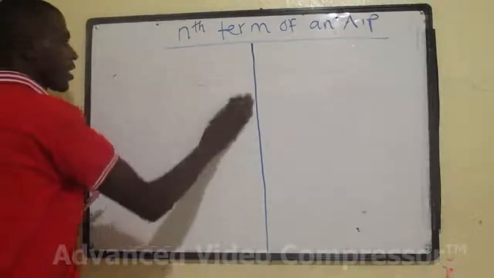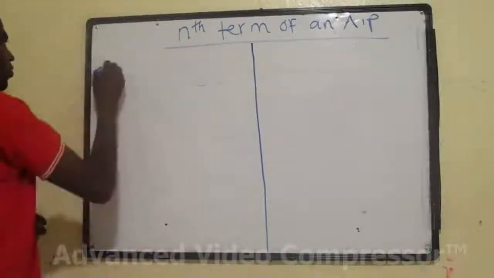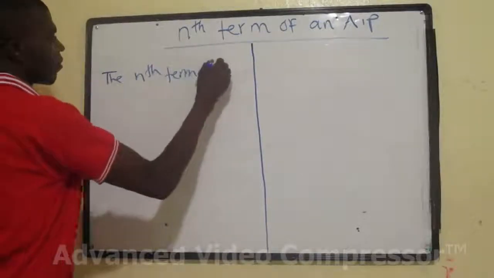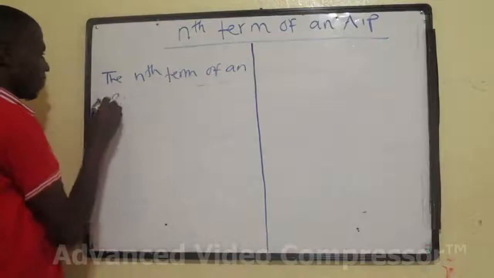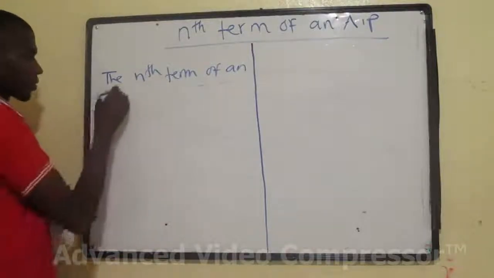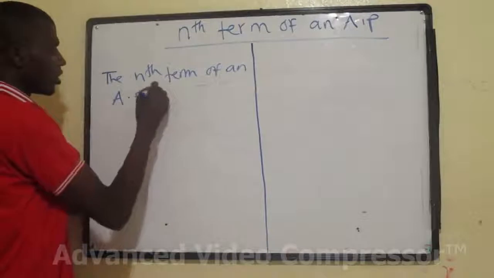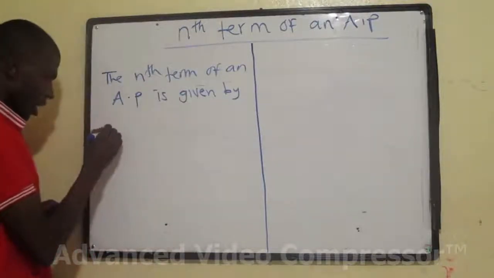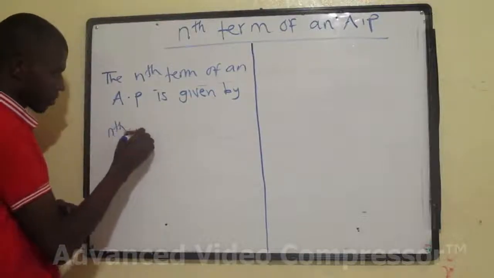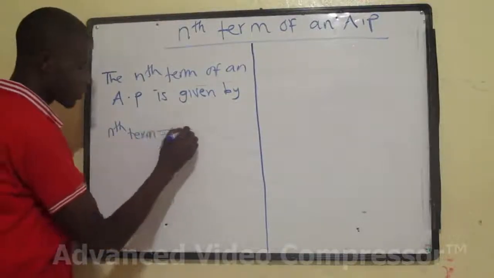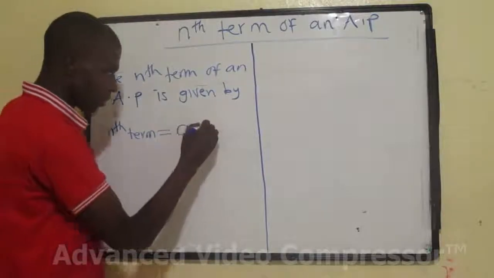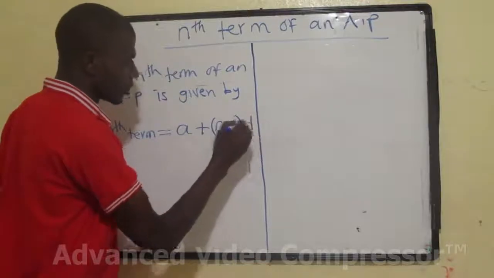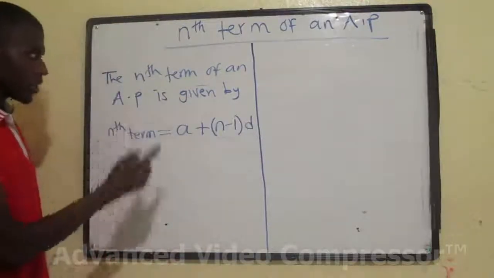The nth term of an arithmetic progression, an AP, is given by: nth term equals A plus n minus 1, then D.